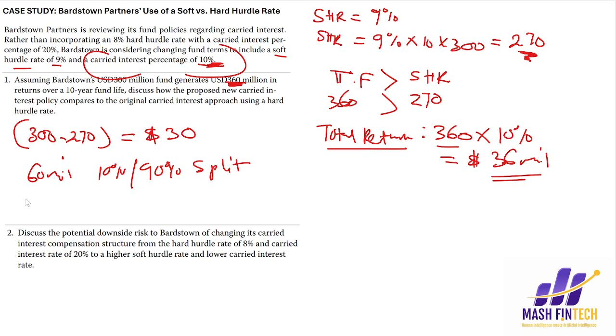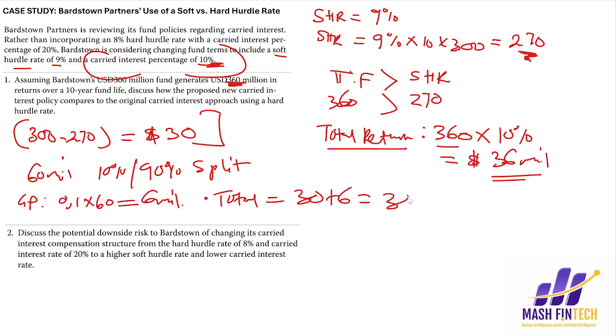Hence, your GPs are going to get 10% of 60, which is 0.1 times 60 million, and it's 6 million, plus the amount they were paid to catch up with the 10%. So the total amount that they get would then be the 30 with the catch up plus the 10-90 split 6, which is 36 million, the same as this amount here.